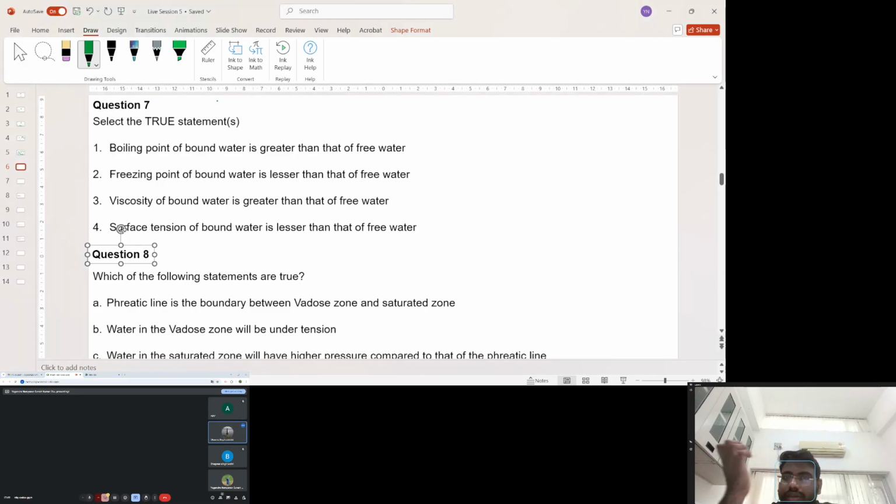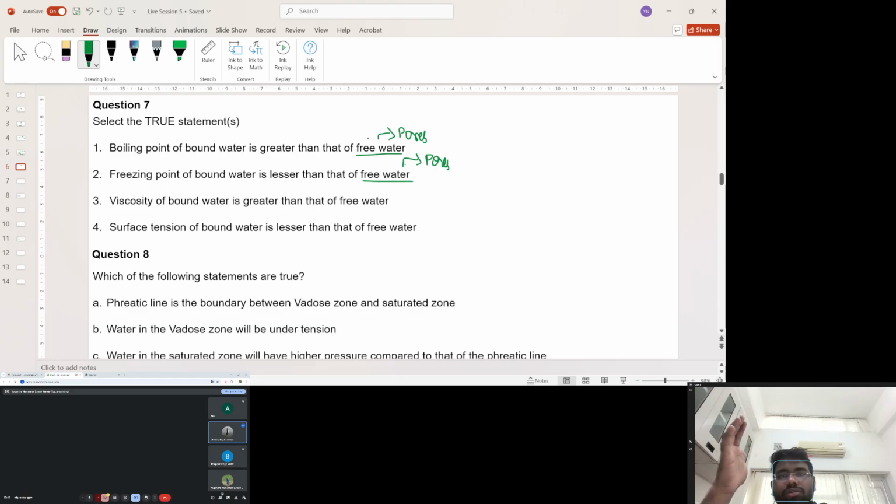Yes. So, as you rightly mentioned, the boiling point of bound water is greater than that of free water. The boiling point of free water is 100 degrees.